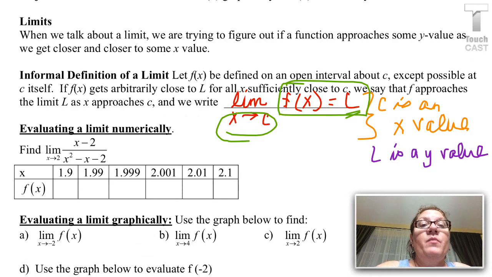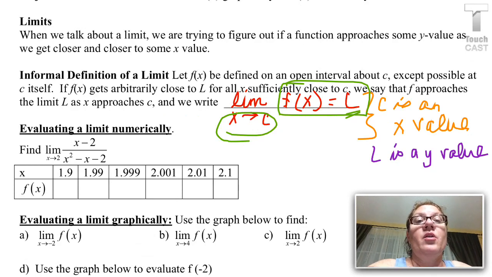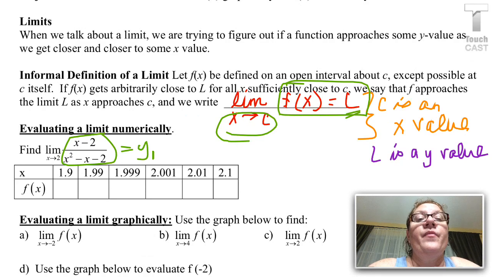So if we're looking at it numerically, we can start testing numbers. And of course, the easy way to do this is to put this expression into your calculator as y1. And then we're going to go to the table and fix it so that the table will give us these values.